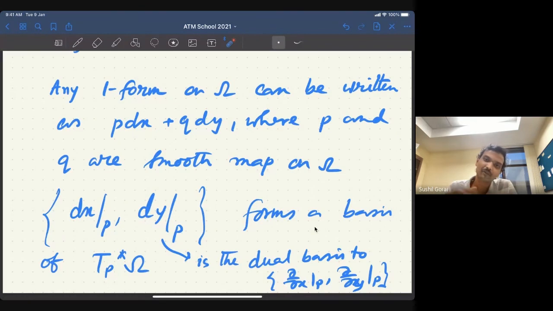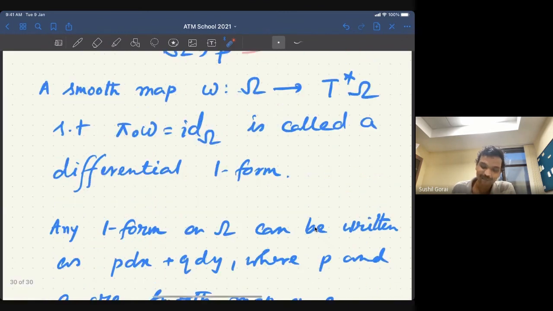But in general, if you have Rn or a manifold, then two forms you get by taking two tensors and then quotienting with some relations. So this is nothing but multilinear algebra. If you understand what a one form is, the other things are much easier. But this is not a part of the course. This is an extra thing, so you don't need to bother about this. I'm not going to use it anywhere.